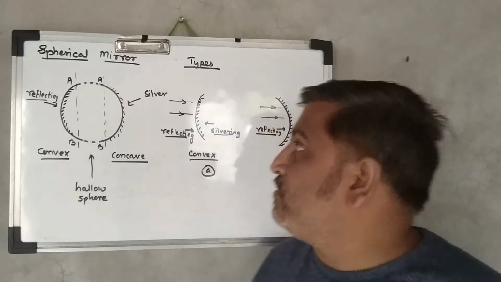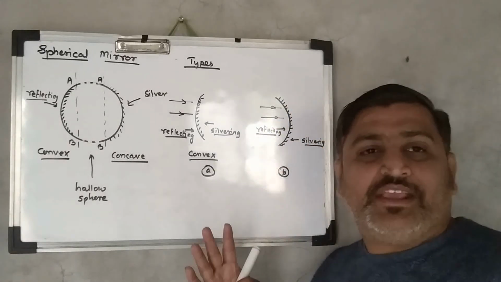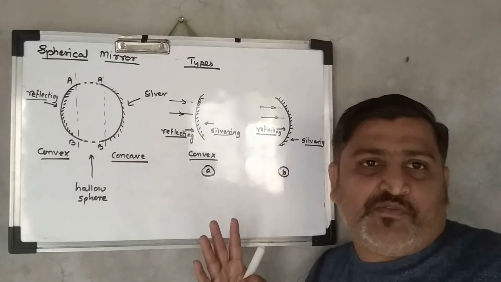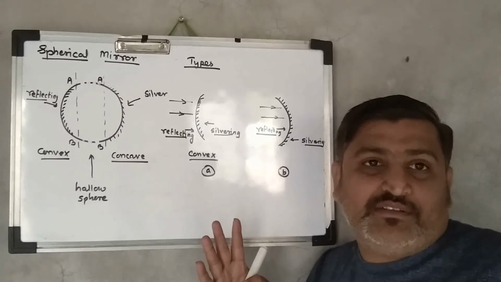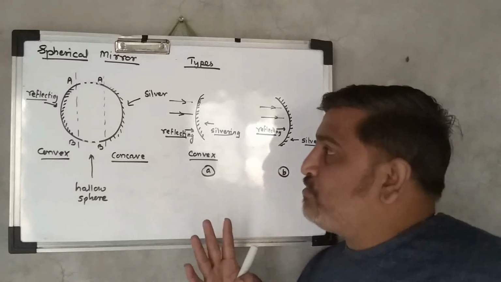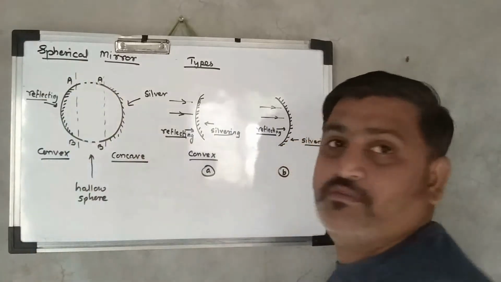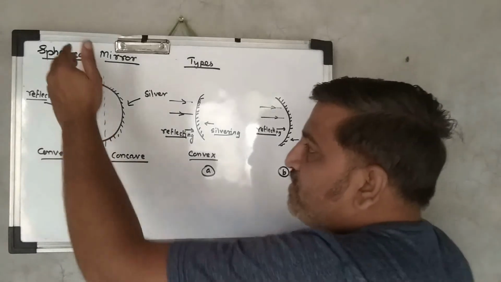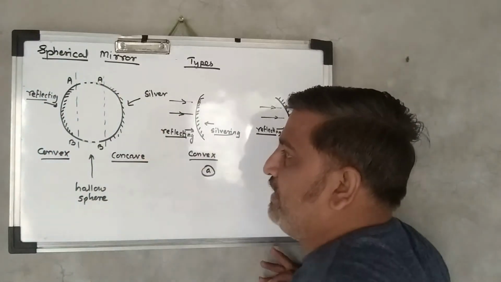Let's see about the spherical mirror. These spherical mirrors are made up of a hollow sphere. Assume that this is a hollow sphere and it is sectioned along AB.